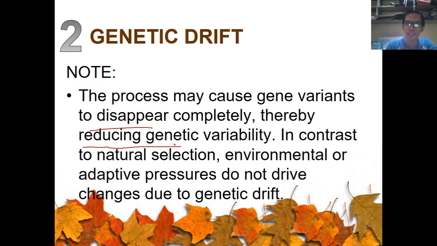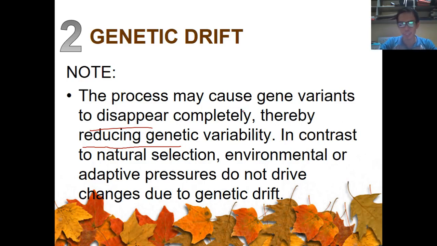In contrast to natural selection, environmental or adaptive pressures do not drive the changes due to genetic drift. In natural selection, nature puts pressure on the organism in order for it to adapt and survive in that particular environment.